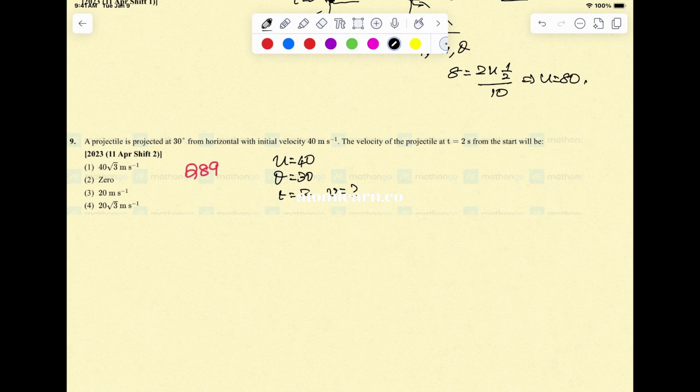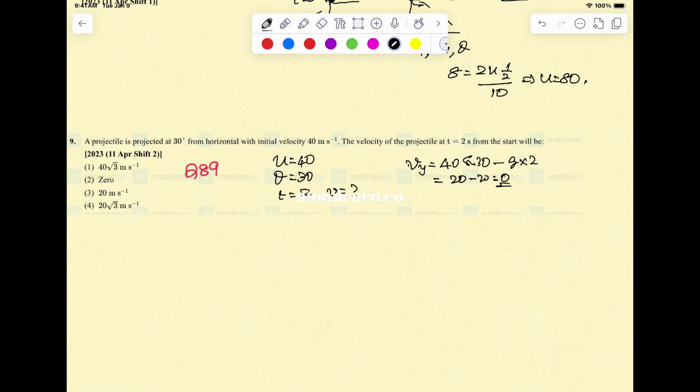At t equal to 2, the y component of velocity will be equal to the initial velocity 40 sine 30 minus g into 2. Correct? That is u sine theta minus gt. This must be equal to 20 minus 20 equal to 0.